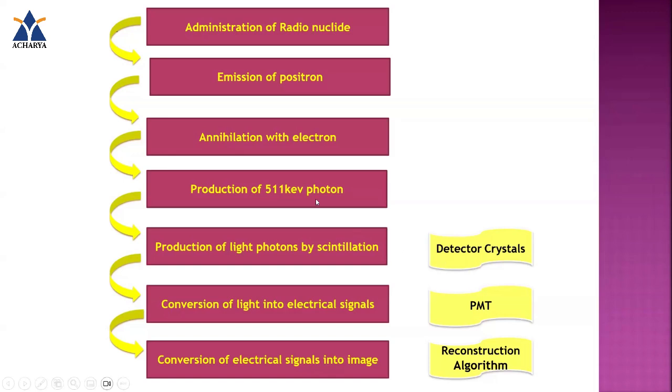The 511 kiloelectron volt photons are converted into light signals. These light signals are detected by the photomultiplier tube, which is a combination of photocathode and multiplier. This tube converts the light energy from the detector into electrical signals. Again, energy conversion takes place. These electrical signals are converted into an image by the use of a reconstruction algorithm. So that is the workflow happening in the PET scan.